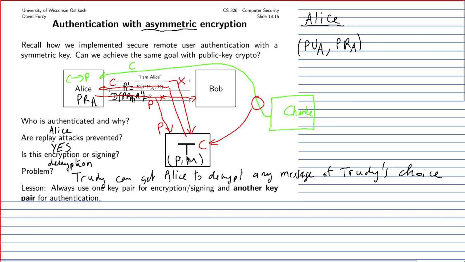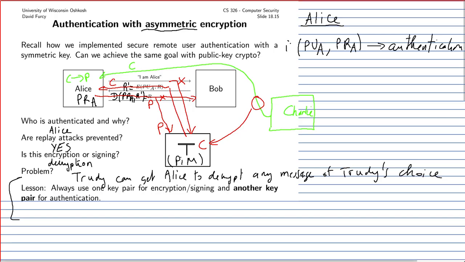So, what is the lesson here? The lesson here is that you have to be very careful when using public key cryptography. If you have a key pair that you're using for authentication purposes, like in this protocol, you should never use that same key pair for doing confidential messaging with someone else.